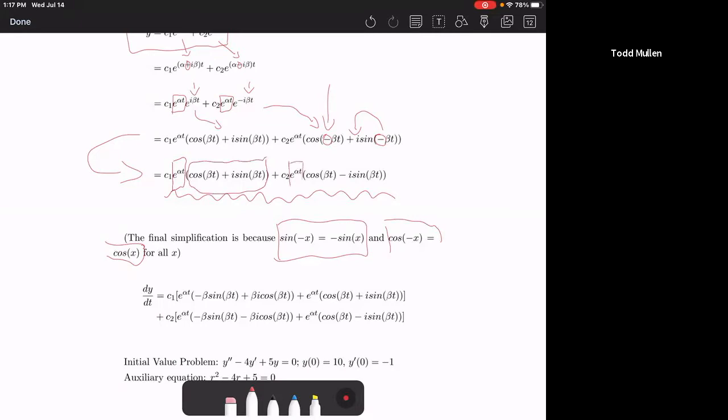Here, the same, e to the alpha t times some function in terms of t. So we take our two product rules, add them together, and this is our dy dt that we're left with. Remember that when you take the derivative of cos, for instance, it becomes negative sine, but this b factor is going to come out front by your use of the chain rule. So that's how we get all these b's coming out.